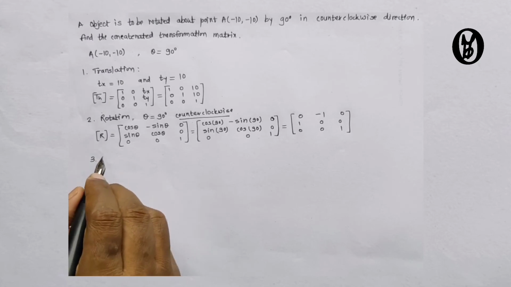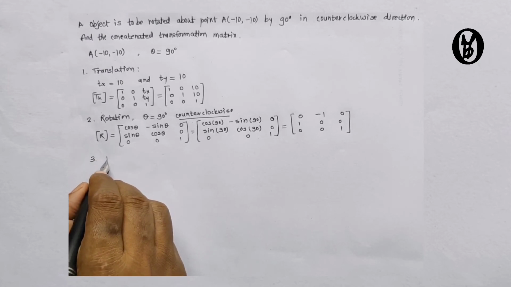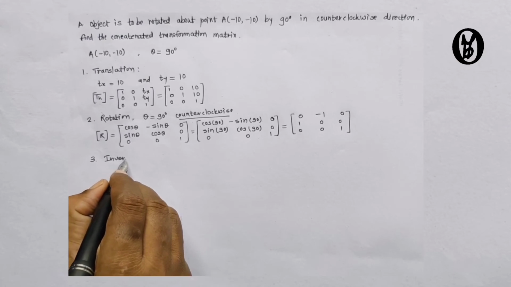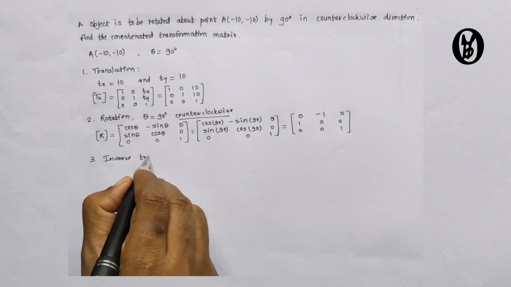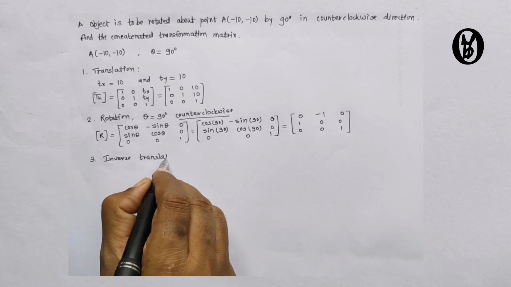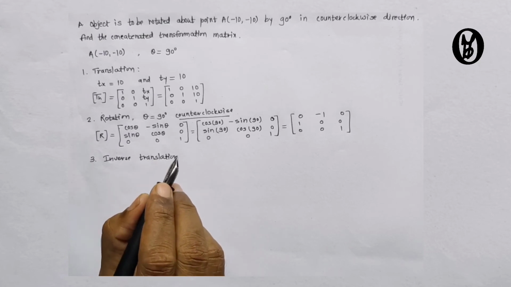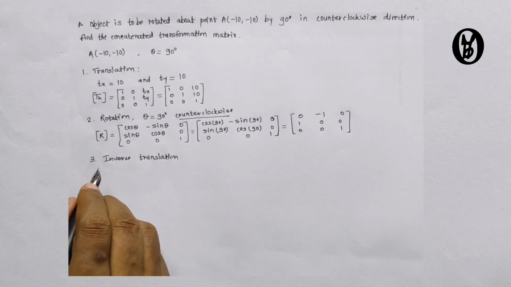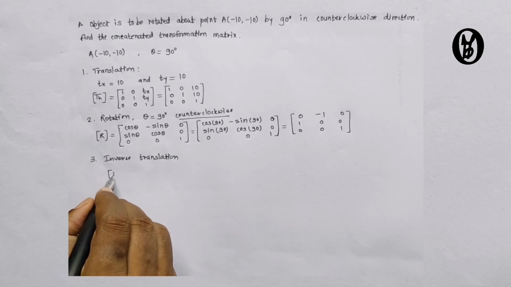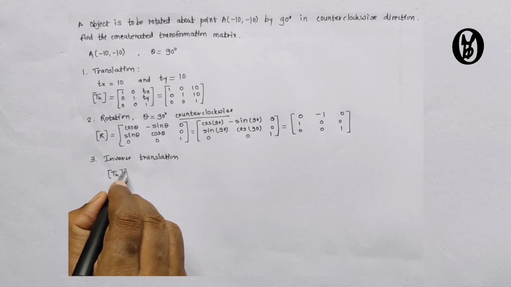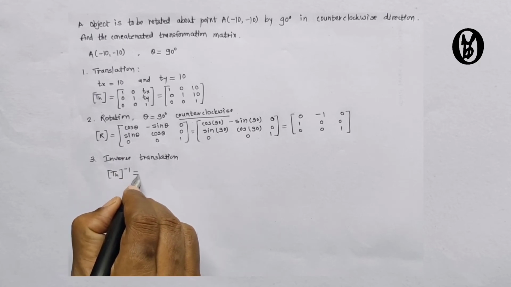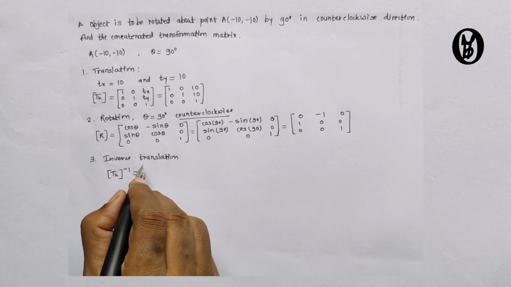The third step is inverse translation. Inverse translation will cancel the translation we performed in step 1. So here we can take Tx equal to minus 10 and Ty equal to minus 10, or directly we can write the appropriate values in the translation matrix.